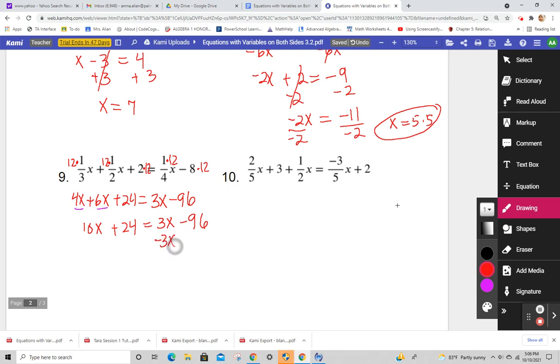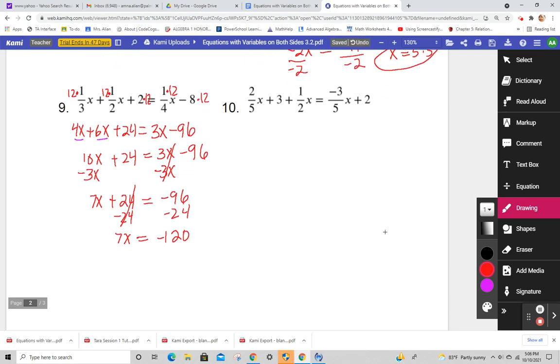So let's subtract 3x from here and 3x from here. We're going to get 7x plus 24 equals negative 96. We're going to subtract 24 from both sides. 7x equals negative 120.